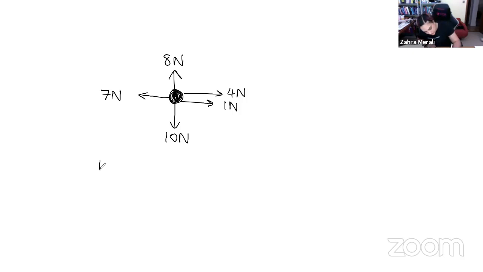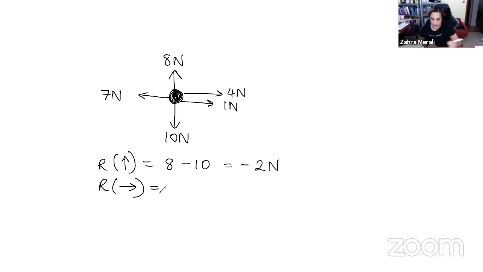Let's go upwards. Going upwards, I'm going to have 8, which is going up, minus 10, which gives me minus 2 newtons. And going towards the right, I'm going to have 4 newtons plus 1 newton, minus 7. So I'm going to end up with 5 minus 7, which is minus 2 newtons.